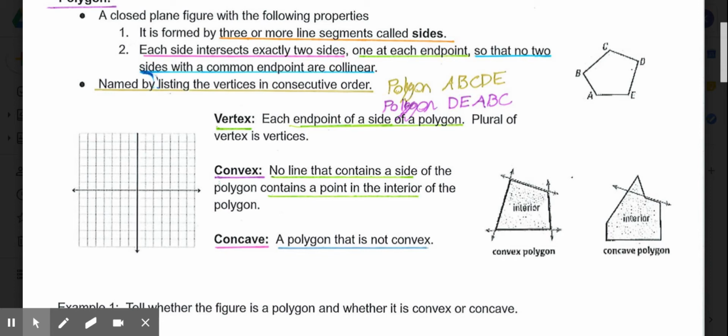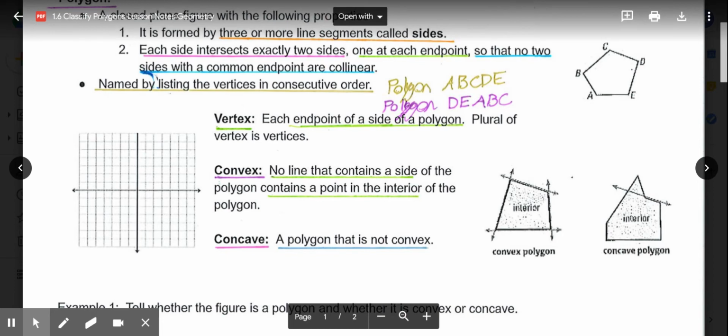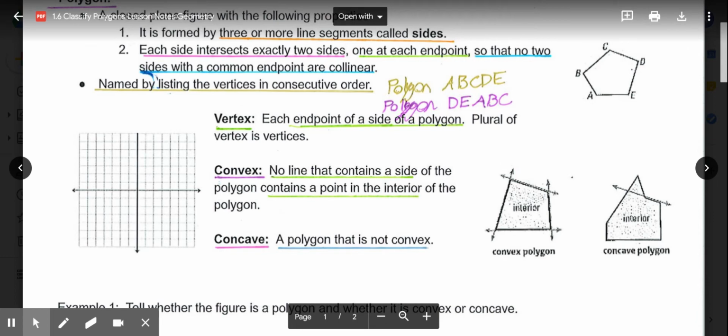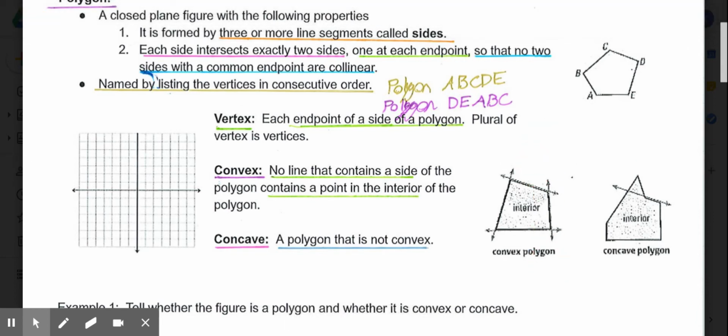So what they mean by that, if we look at this first one here, if I would extend any of my sides forever, making them a line, so this one here would extend forever, here forever, here forever, here forever. If none of those sides cut through the interior, then it is a convex polygon.